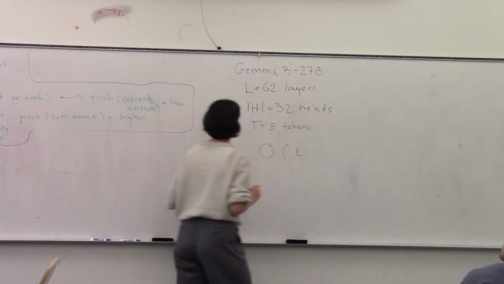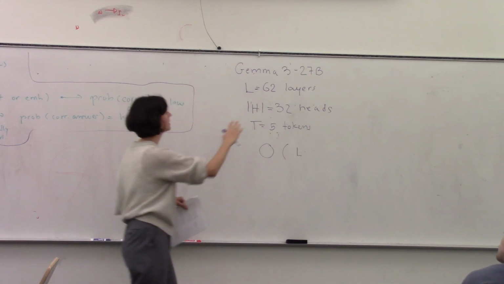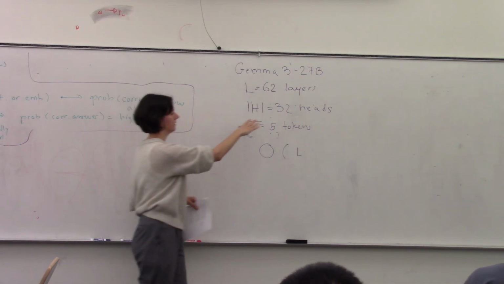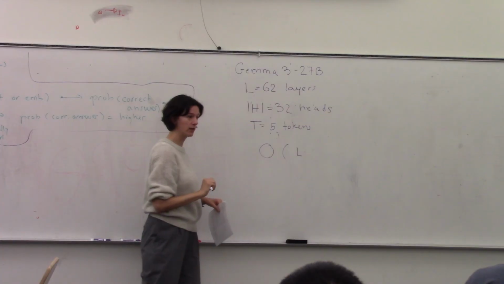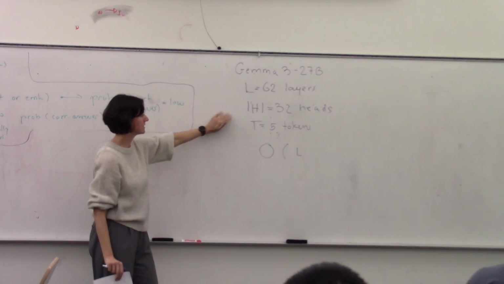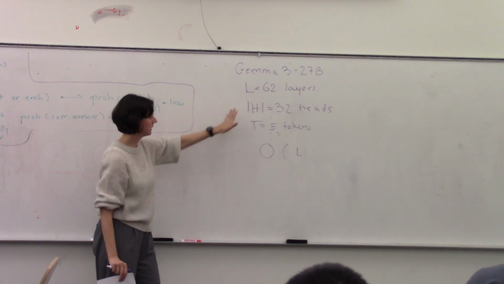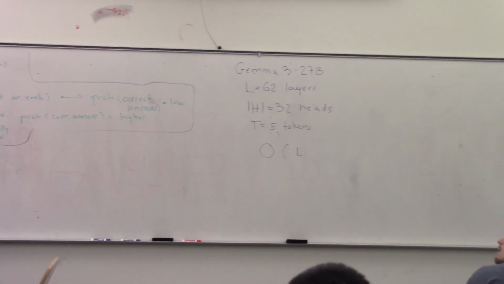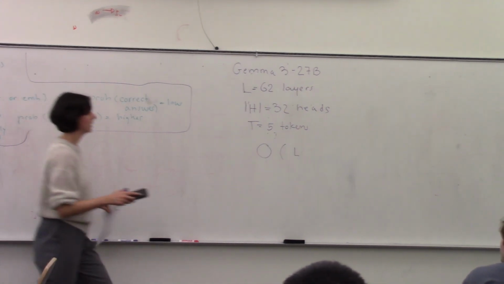okay, I don't have this information actually. This includes layers that are both attention and MLP layers. I don't know exactly how many of them are attention layers, but let's say that half of them are attention layers.